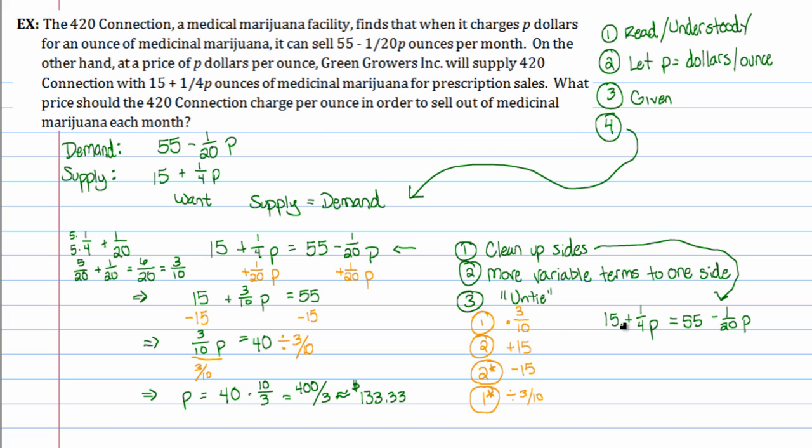For one, I don't like fractions. So I find the LCD, which is 20 in this case, and I multiply every single thing by that LCD. So every single term in this equation, I'm going to multiply by 20.